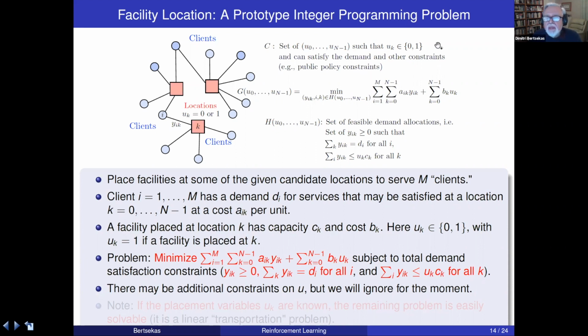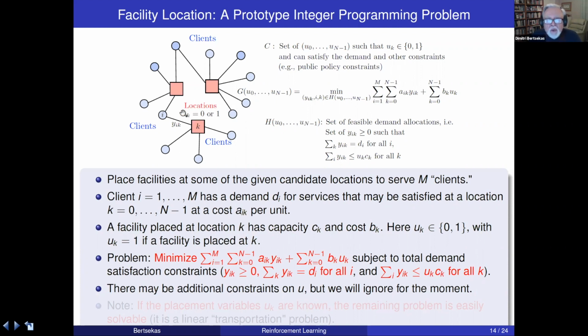So this is the constraint set of the problem, and this is the cost function of the problem. Now, okay, here's the cost function. I told you that it's this one. However, if you look at this problem and you look at the variables u and the variables y, you realize that the really important variables are the u variables.